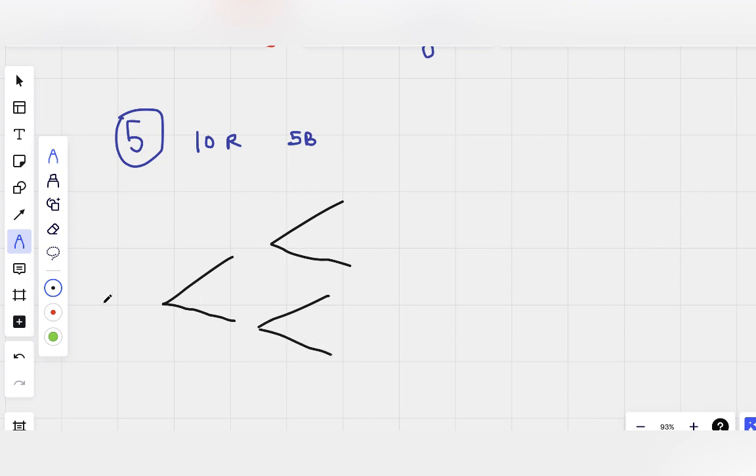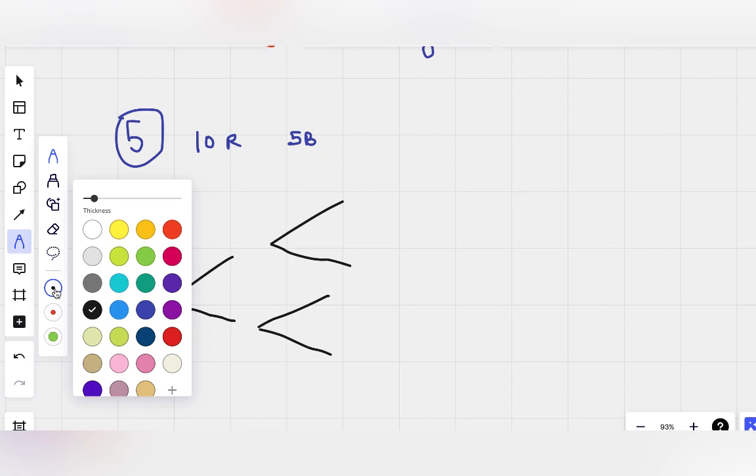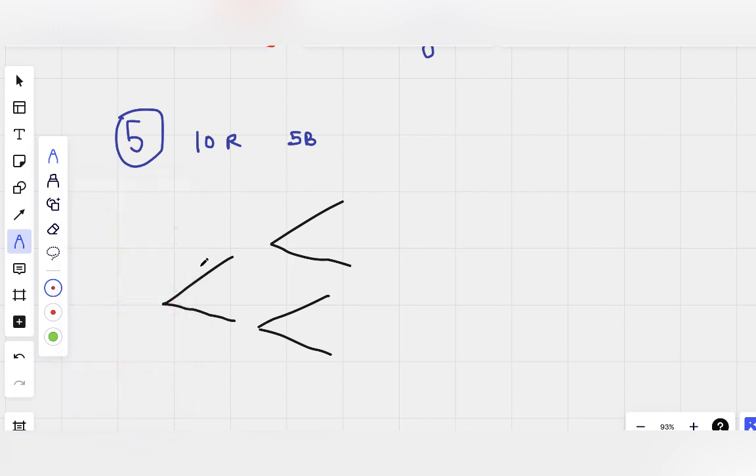Okay, now let's fix the red first, and now let's fix the blue.